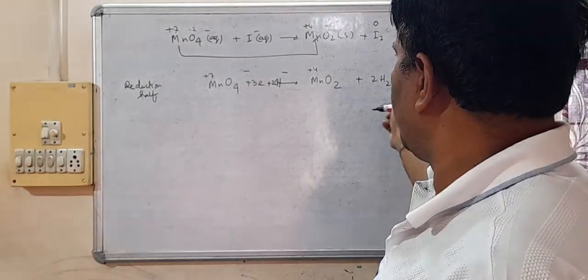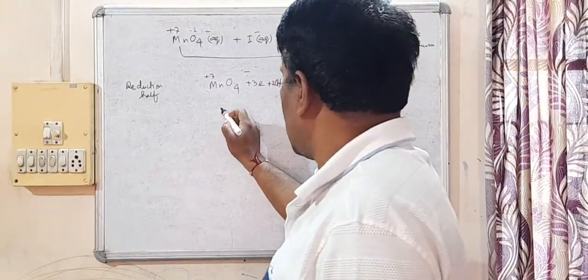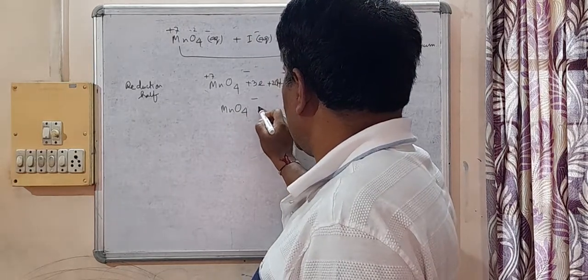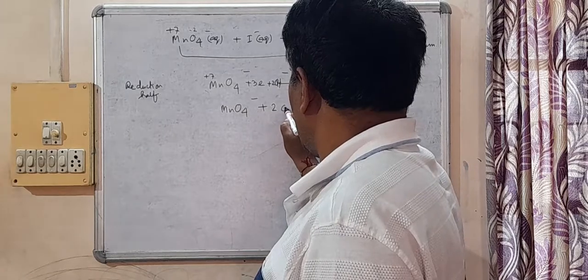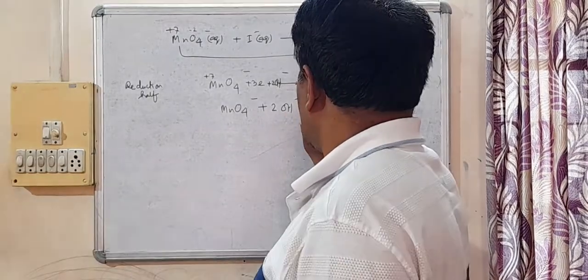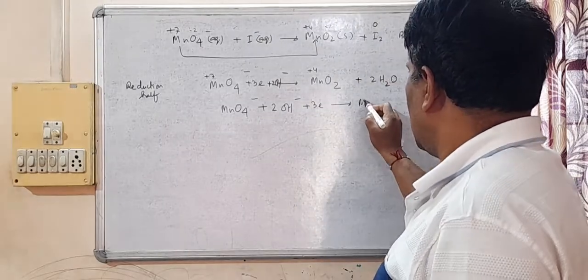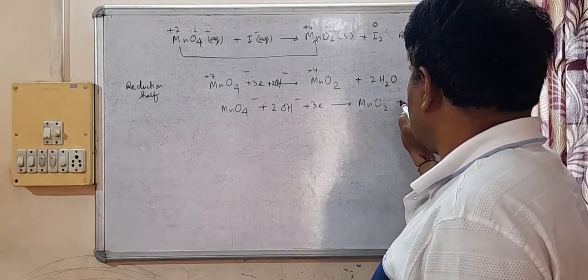So let us rewrite it once again. Reduction half: MnO4 minus plus 2OH minus plus 3 electron arrow MnO2 plus 2 water.